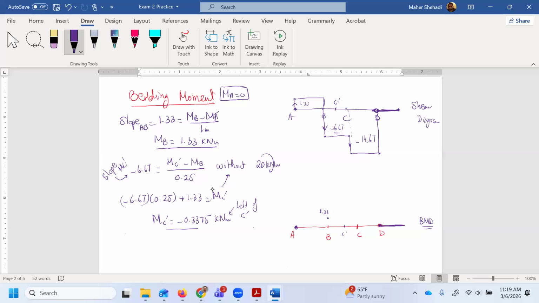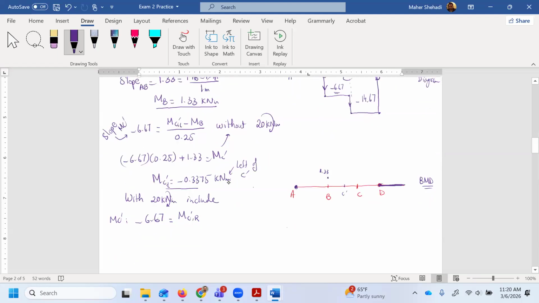All right, now with the 20 kilonewton meter included, the same, the slope for MC prime, minus 6.67 equals to MC prime, if you want to put a comma right here, this is comma left, so left side, right side, minus, now I'm including that 20 and it's going in the minus, in the clockwise, so it's minus 20 minus MB.